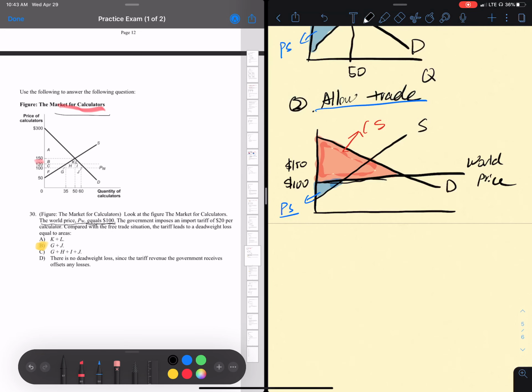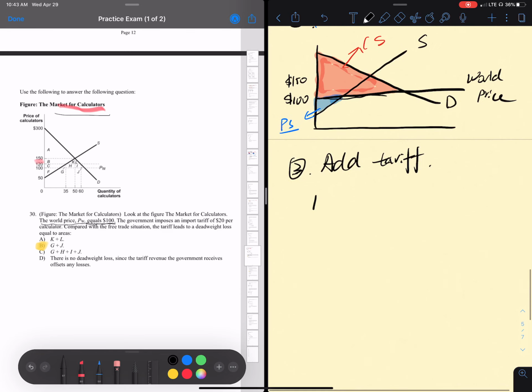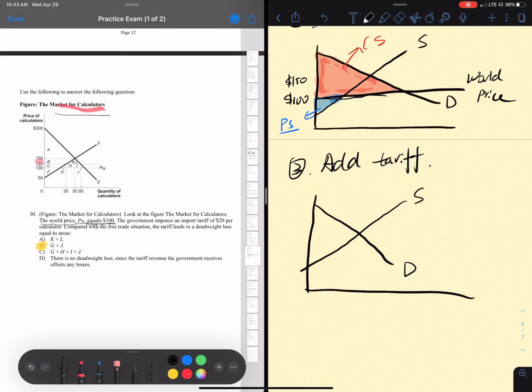And then the government thinks, okay, we are importing too much, so we have to add a tariff. What is the situation right now? We still have the demand, and the supply is the same here. If nothing is happening, it's 150.